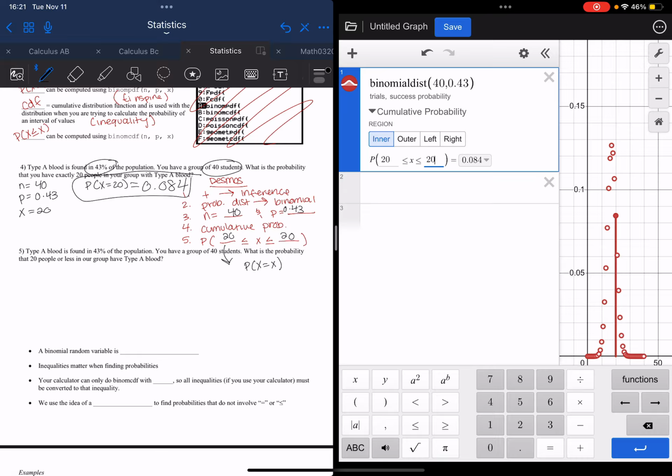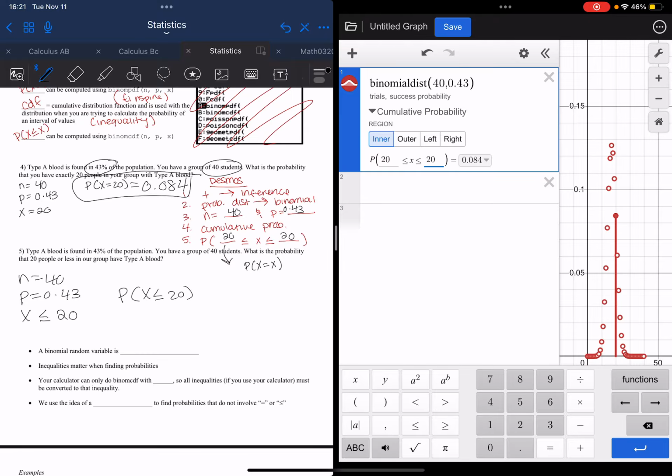So let's go ahead and look at the next one. Notice that N is still 40 and P is still 0.43. Now it's asking what is the probability that 20 people or less in our group have type A blood. So 20 people or less is going to be X less than or equal to 20. So we need to find the probability that X is less than or equal to 20.